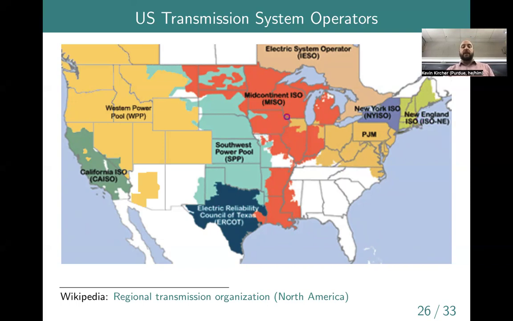Then we are in the MISO service territory, Mid-Continent ISO. Actually, the headquarters of MISO is about an hour from here in Carmel, Indiana. And then there's the Southwest Power Pool and the Western Power Pool. And this, I think, is Ontario. Canada has its own ISO as well. The regions that are white on this map are places where we still have vertically integrated utilities providing all three of the generation, transmission, and distribution services.